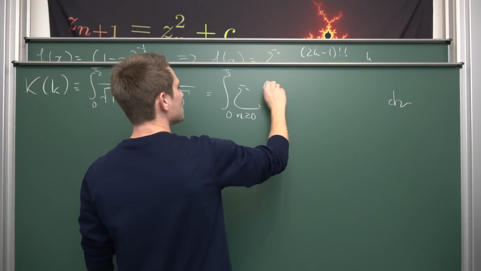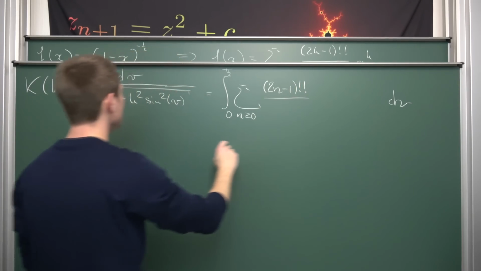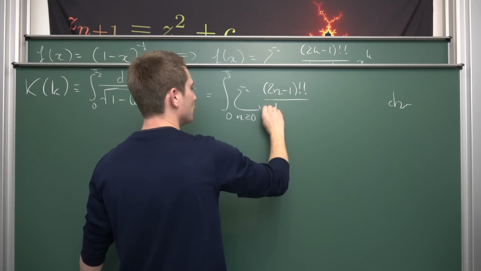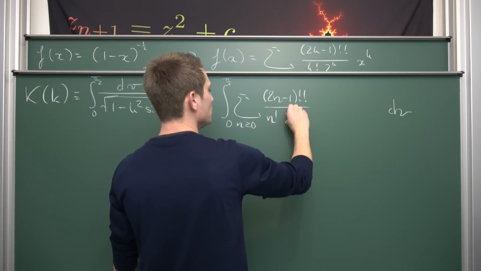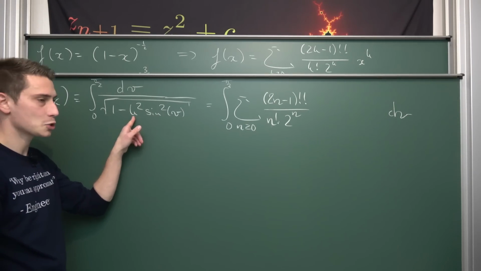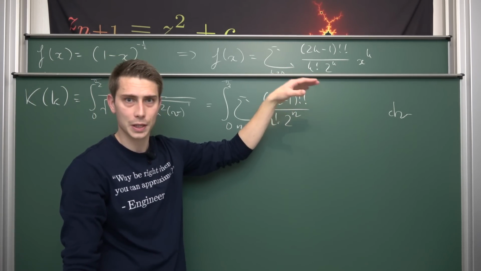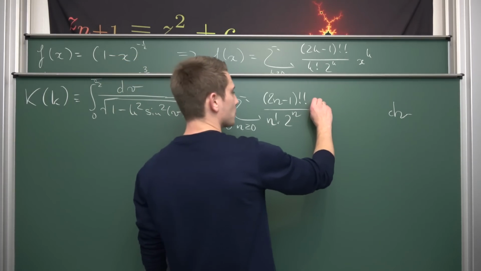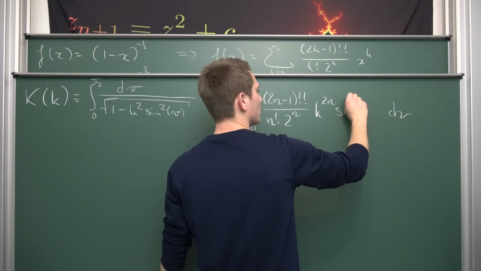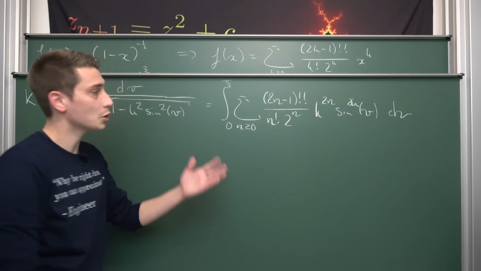I'm terribly sorry about that. So we're going to have 2n minus 1 double factorial divided by n factorial times 2 to the nth power, and also x to the nth power is just k squared times sin squared to the nth power. We can pull the n down, leaving us with k to the 2nth power times the sine of theta to the 2nth power.